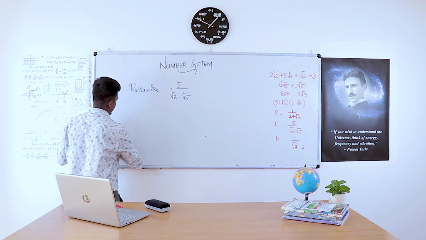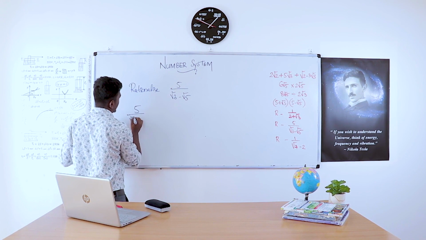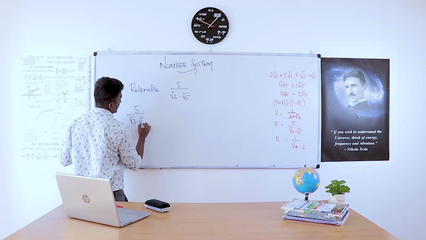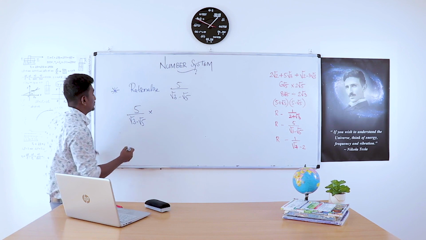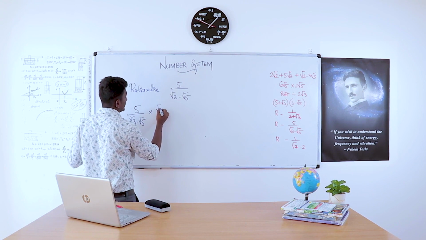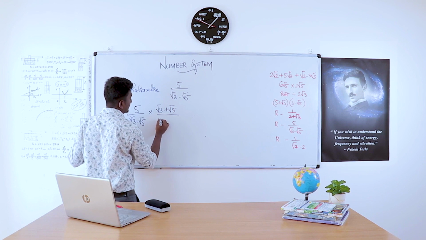Like the same way we did before, 5 by root 3 minus root 5. Multiply it with root 3 plus root 5 in the numerator and denominator. Root 3 plus root 5 by root 3 plus root 5.